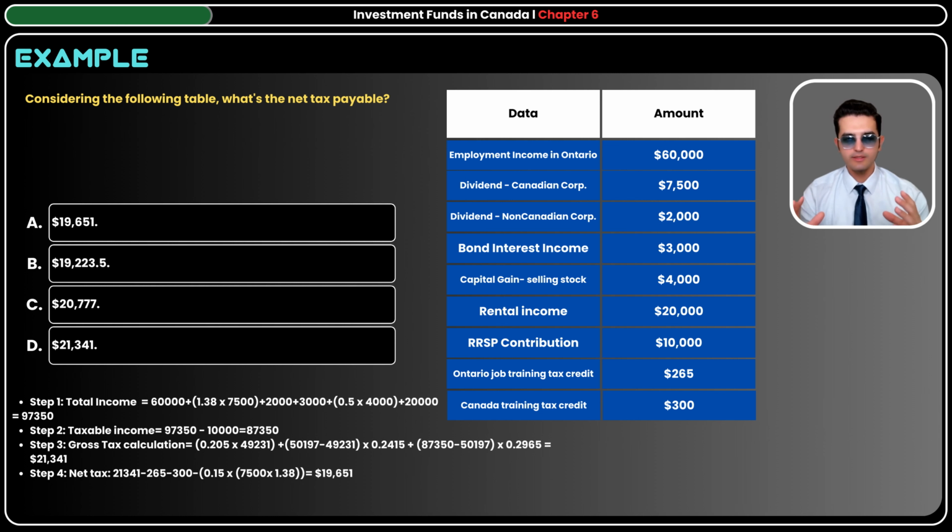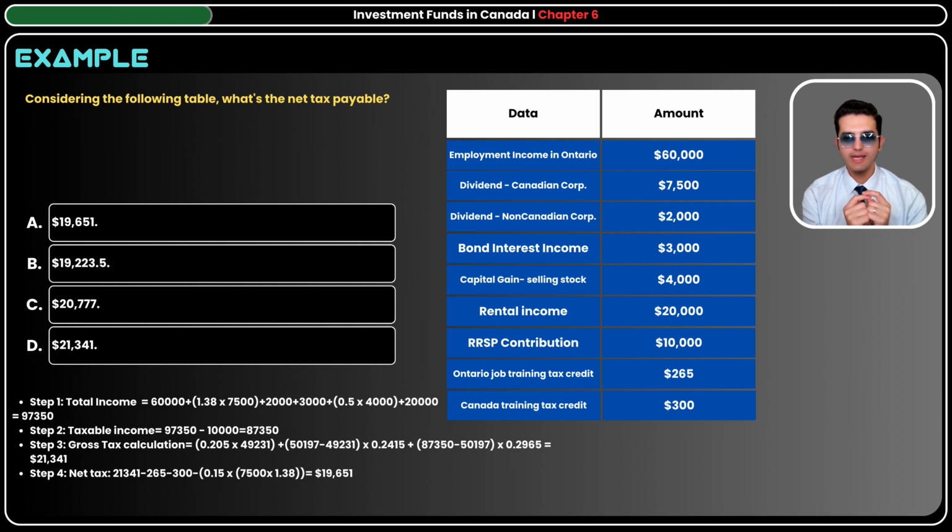We calculate the gross tax. The gross tax will be $21,341. Last step, net tax. How do we calculate net tax? We deduct tax credits from gross tax.